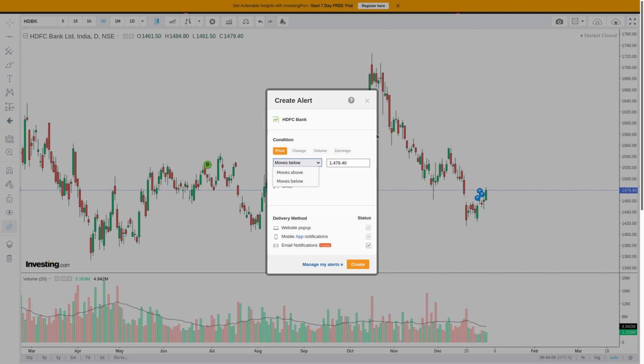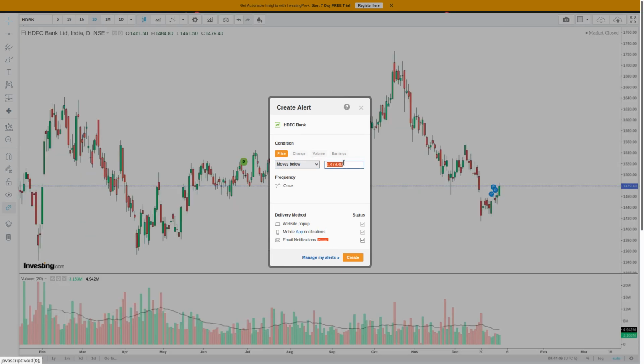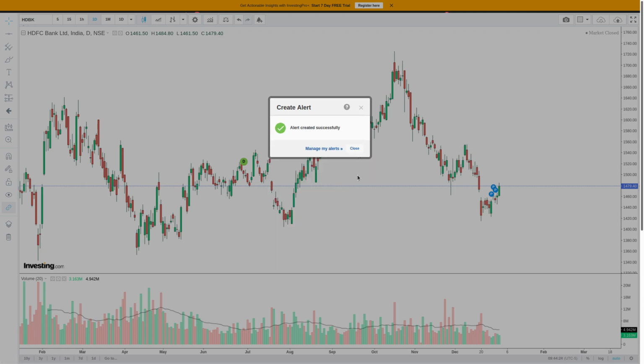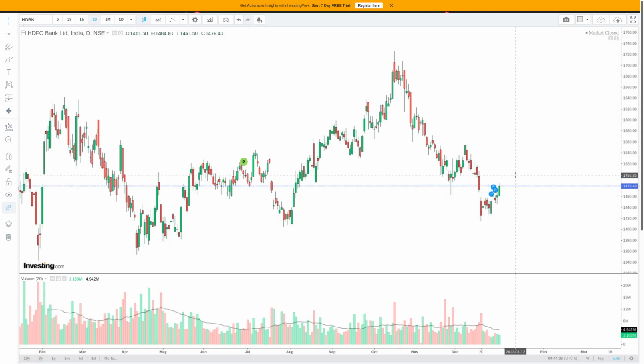Right now HDFC Bank is trading at 1479, and for me 1500 would definitely be an interesting number, so I want to track when it moves above 1500. Here I put 1500 and create an alert, so it will notify me when it goes above 1500.